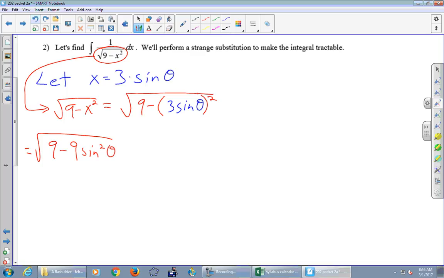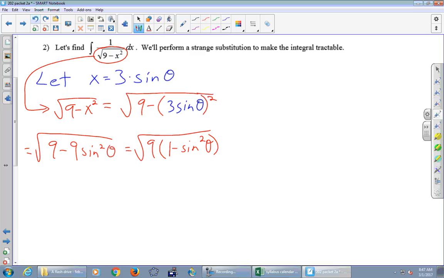This should give you an indication as to why I chose 3 here. It's because I wanted to have a 9 at the end of the day. So I picked the square root of 9 up there. That was my 3. We're going to factor the 9 out of both terms, still inside the square root. What's left? 1 minus sine squared theta, right? Hey, we've seen that, right? 1 minus sine squared theta is part of a very famous identity.